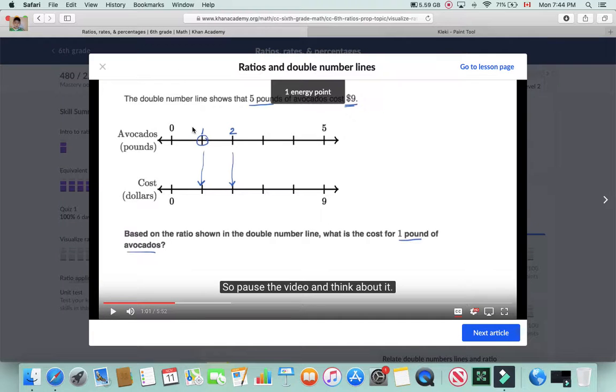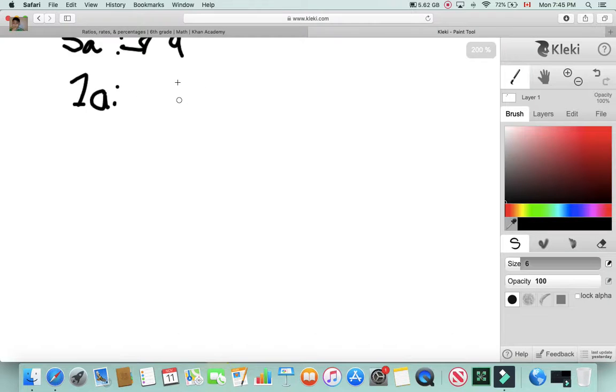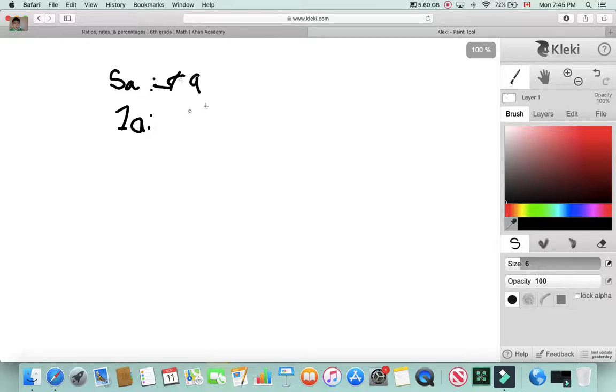So what they're asking is, how much does one pound of avocado cost? That means if we divide by 5 here, we also have to divide by 5 here. Let's start off by doing this. How many times does 5 go into 9?